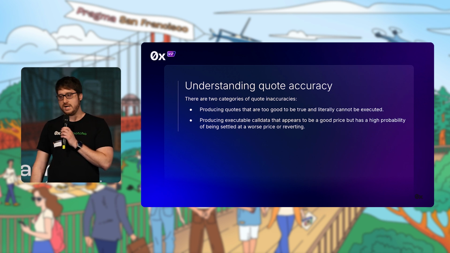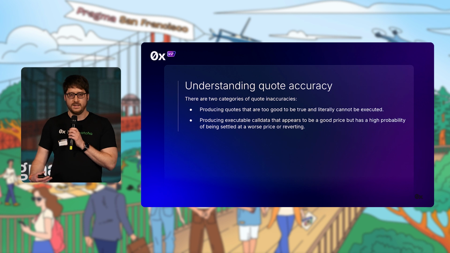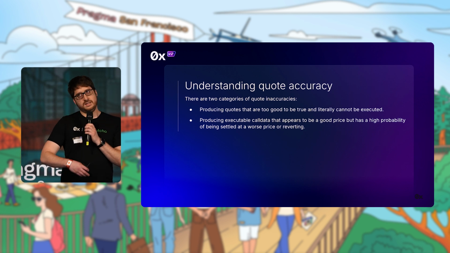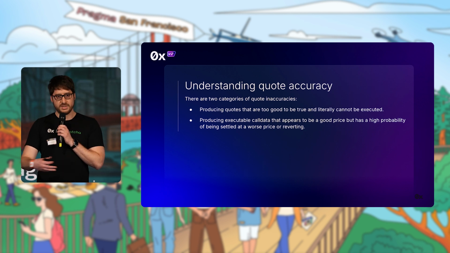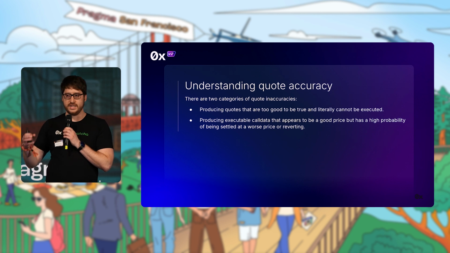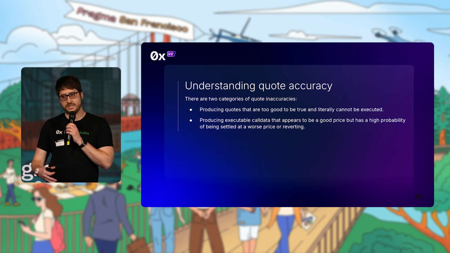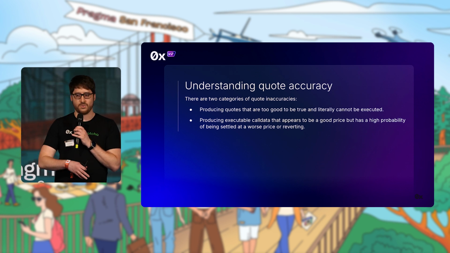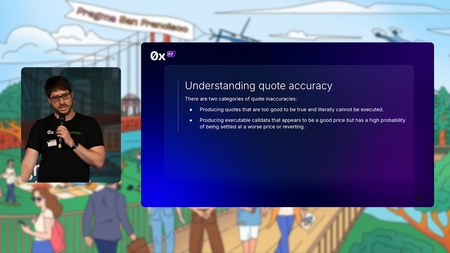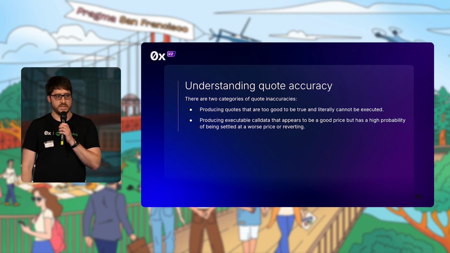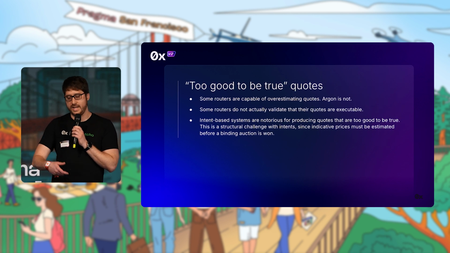They cannot possibly be executed. And the second class is you produce a quote that could hypothetically be executed if you did it at this exact second and there were no other transactions before or after. But in actuality, there's a very high probability that that quote will not be executed for a variety of reasons.